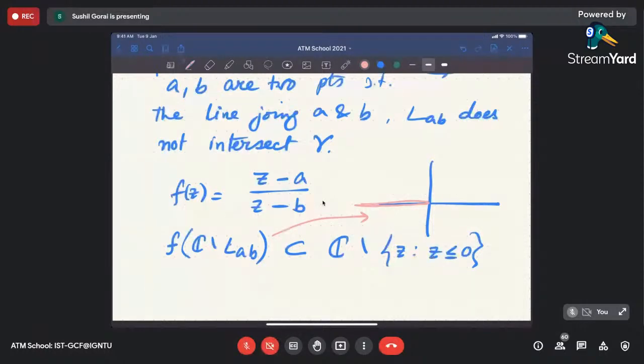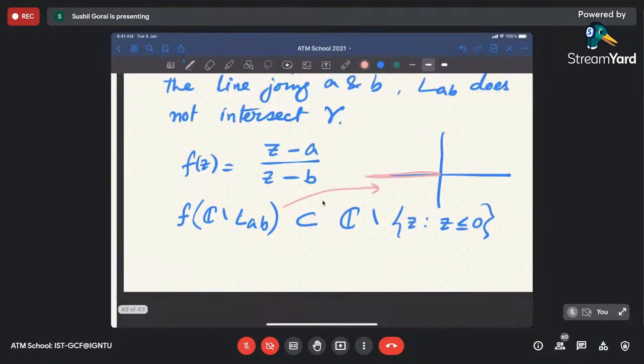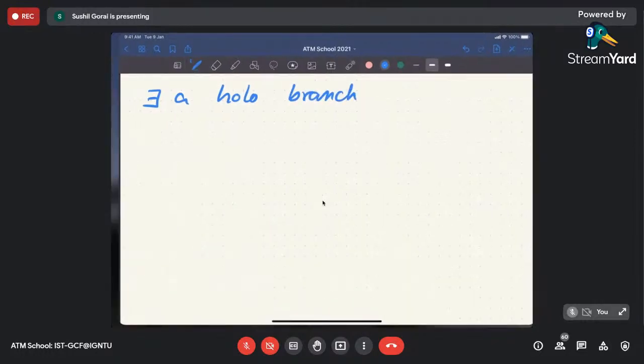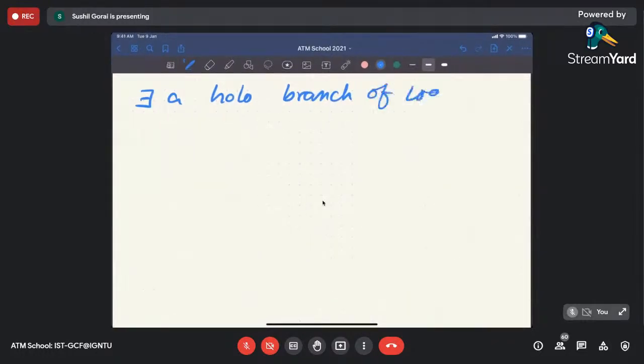Yes, sir. Okay. So you have a branch of logarithm for this function. So there exists a holomorphic branch of logarithm, log f.